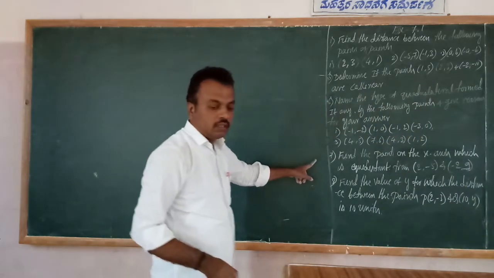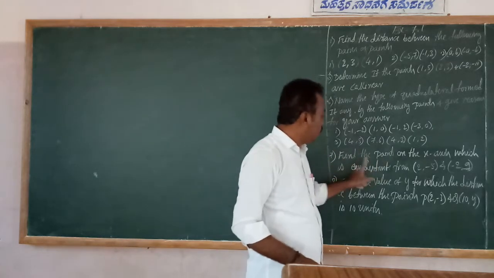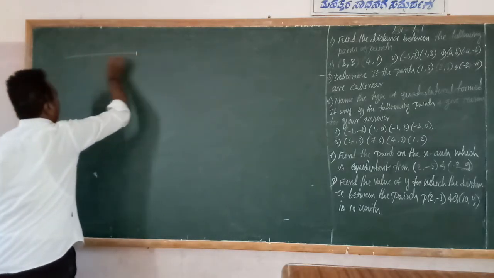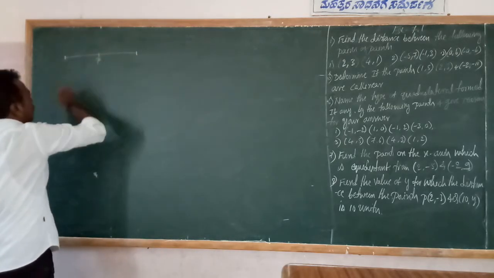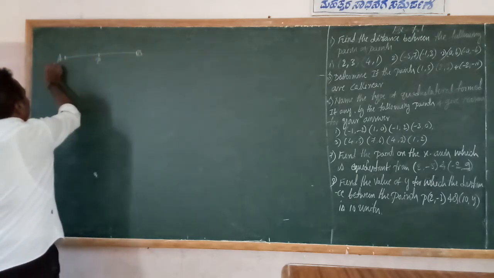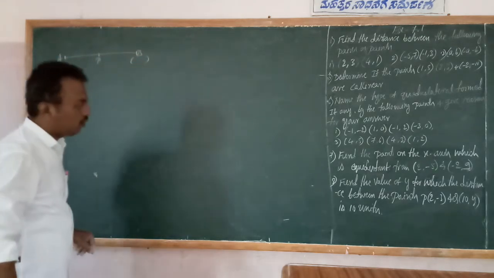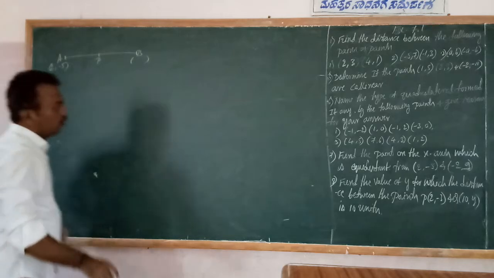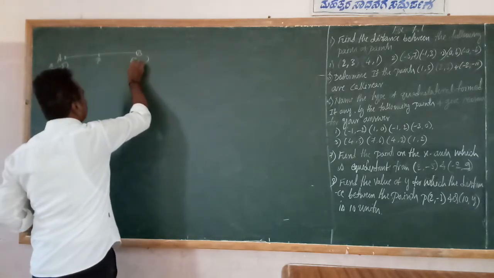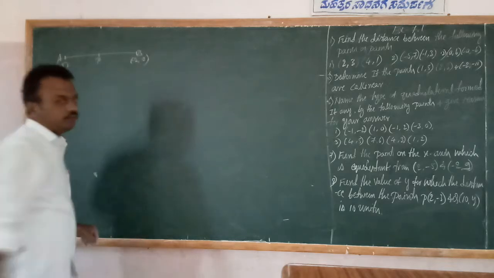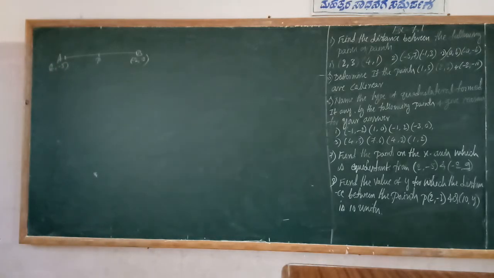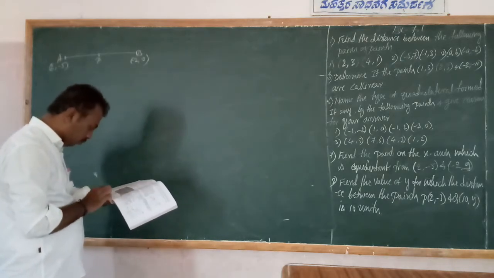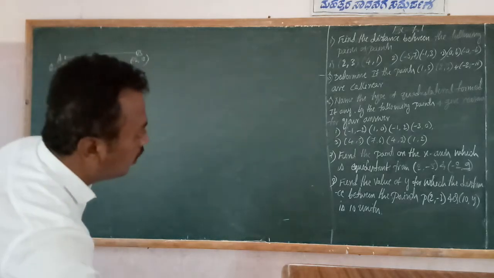See students, find the points on the x-axis. x-axis is here. Some point on the x-axis is there, that is called P. Here A and B points are given: 2, -5 and -2, 9.